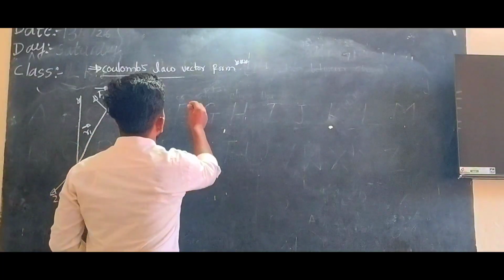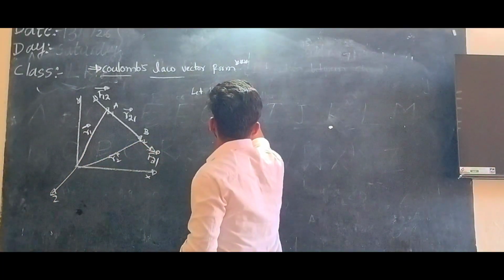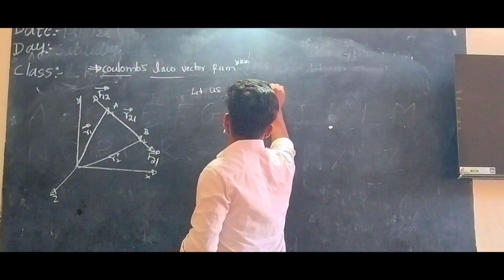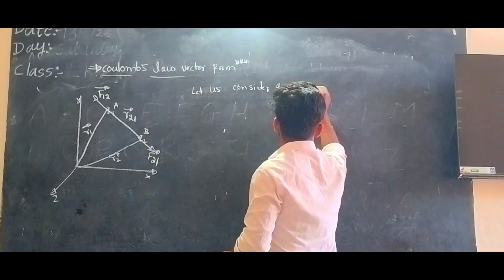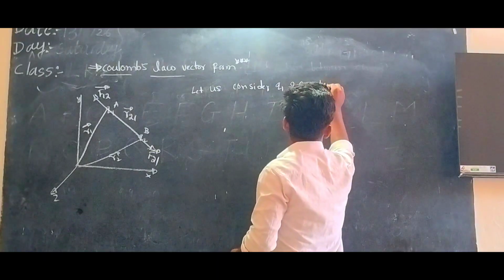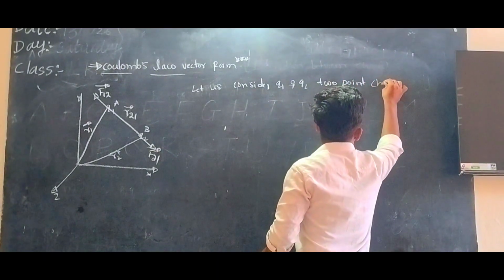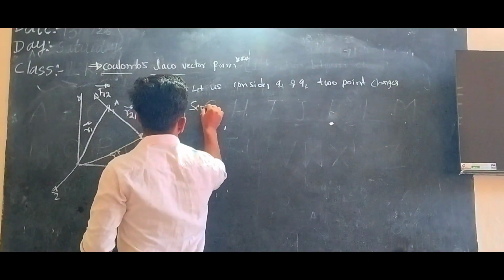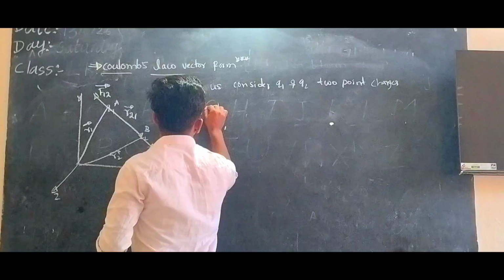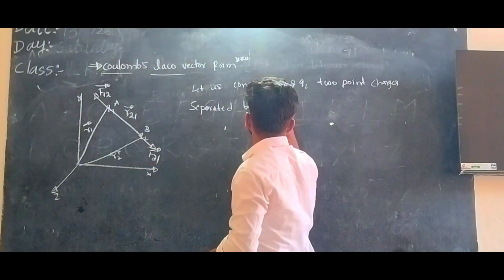First, let us consider q1 and q2, two point charges separated by distance AB.